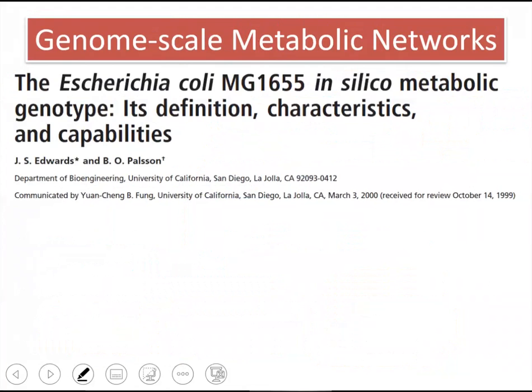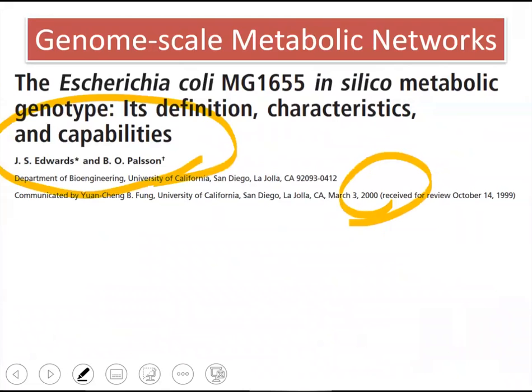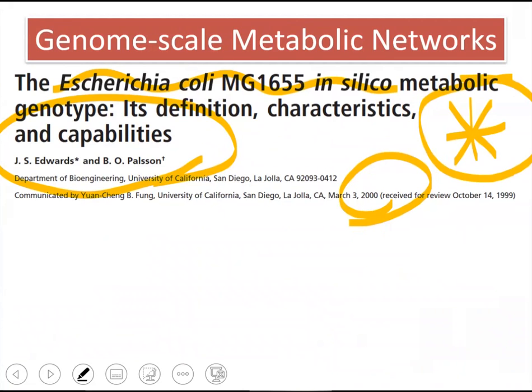Later, the same group published in 2000 a genome-scale metabolic network of Escherichia coli. Compared to the model for Haemophilus influenzae, this was a much more important breakthrough, because Escherichia coli is a very commonly studied organism.